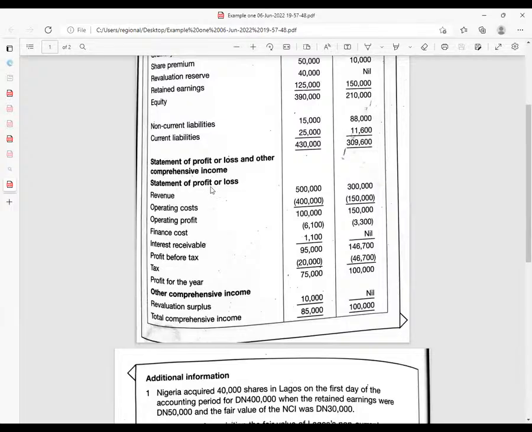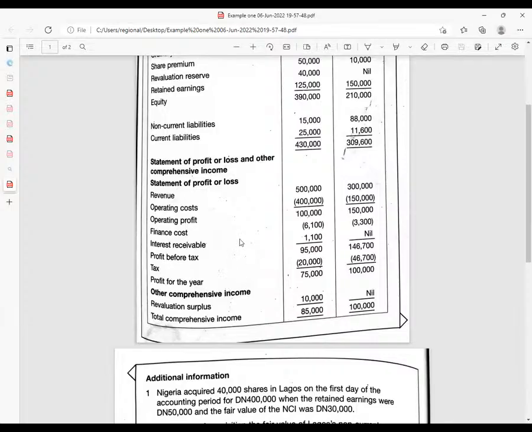So we have, first of all, the statement of profit or loss, and then other comprehensive incomes. Under other comprehensive incomes, I have revaluation, and then I'll be bringing something called the foreign currency exchange. It also falls under other comprehensive incomes.